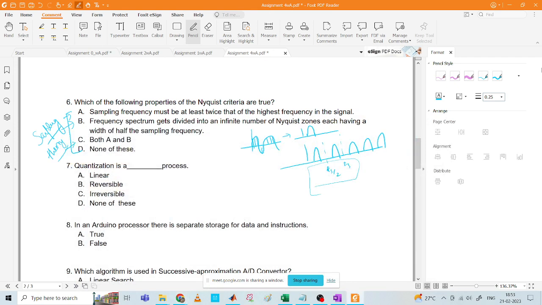You see, it has a separate bus. This is your data memory, and this is your instruction memory.